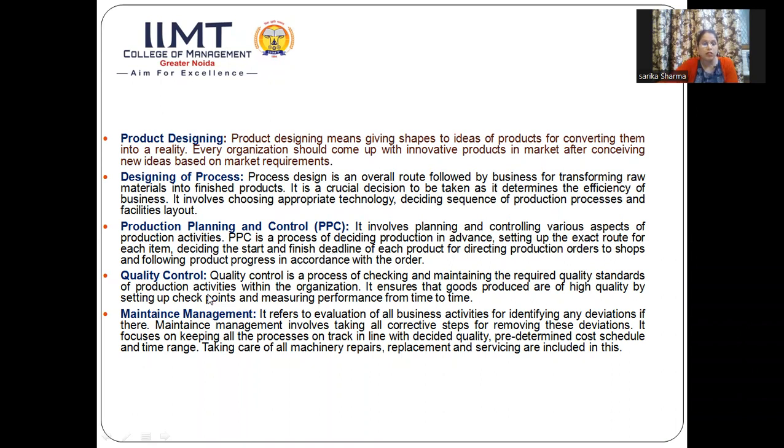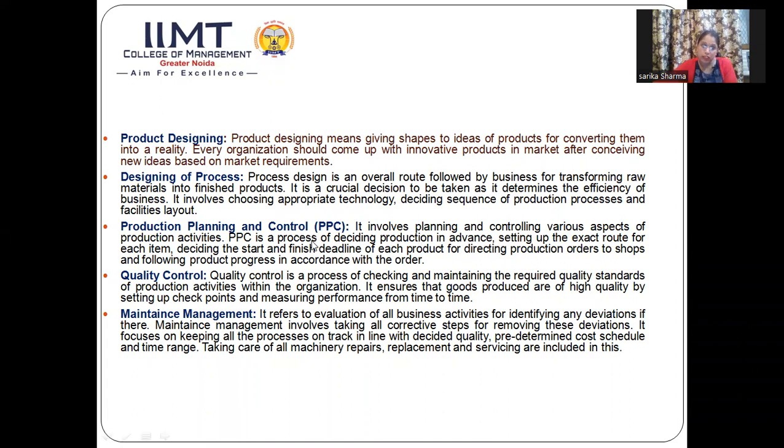It involves planning. Suppose the product has been made and has reached the customer, so it's very necessary to know the follow-up, the feedback of the product.